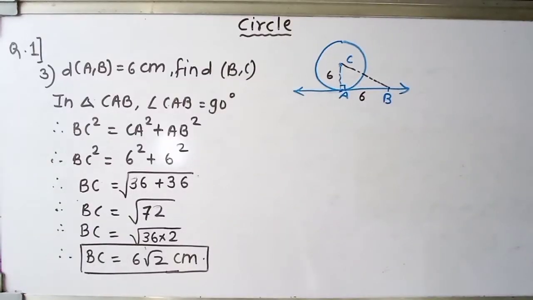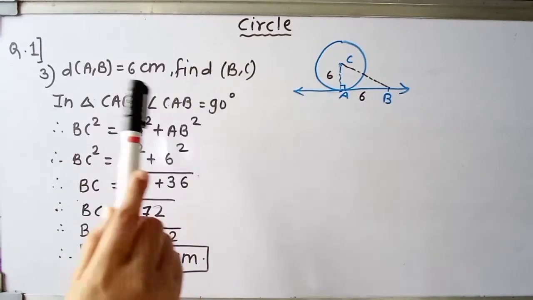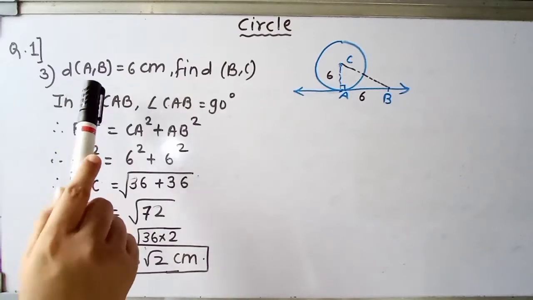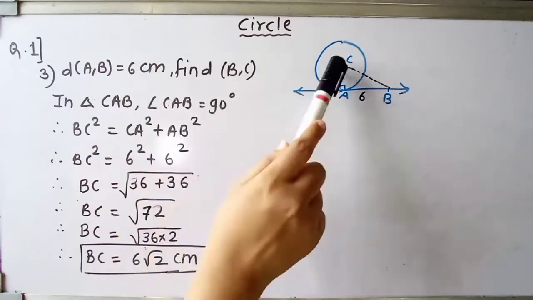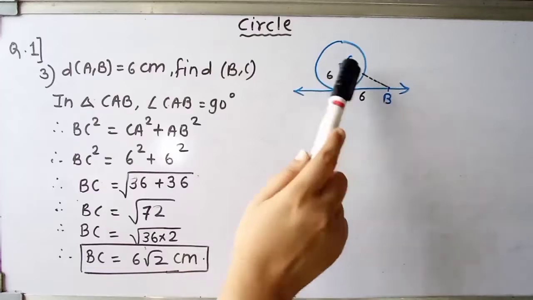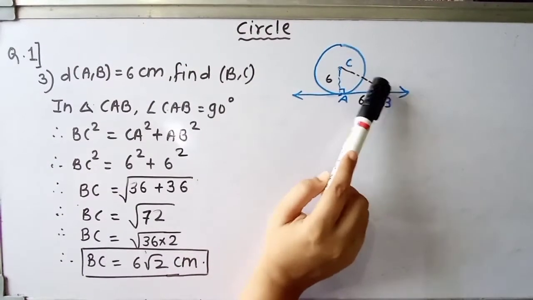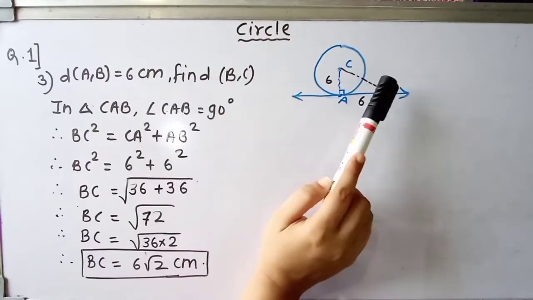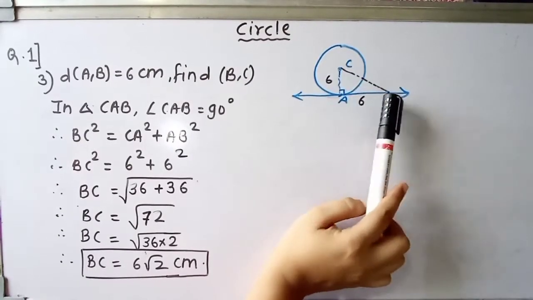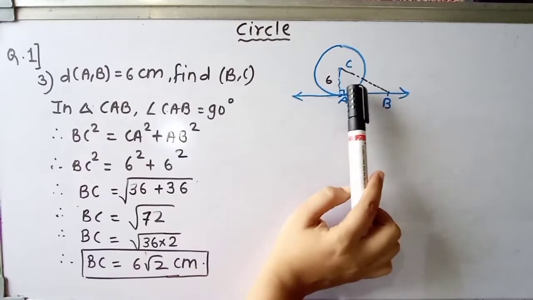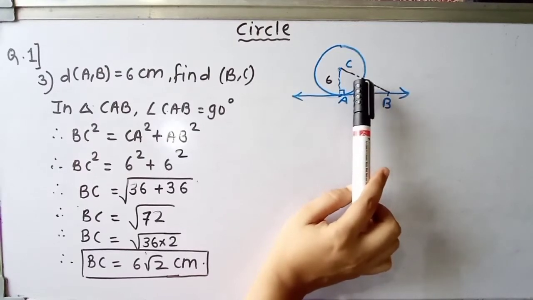Now what is the third question? Third question is, if AB is equal to 6 cm, find BC. So if we join point C and point B, we have to find this segment BC, yes or no? In triangle CAB, it is a right angle triangle, so we can use the Pythagoras theorem here.